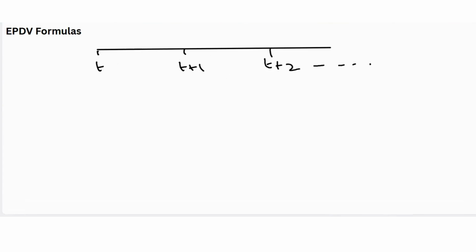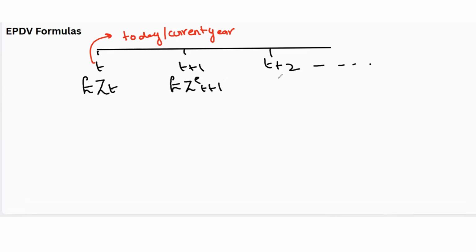Right, so T, like we said, represents today or the current year, right? So if I now show everything on the timeline, ZT was the payment today in year T. ZT plus 1 we said is expected payment next year in year T plus 1. ZET plus 2 is expected payment in year T plus 2.